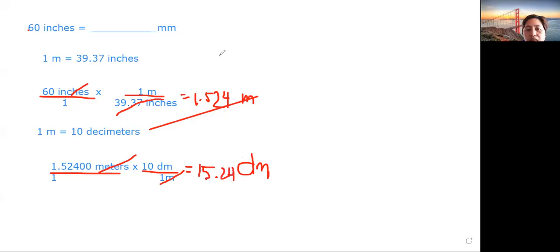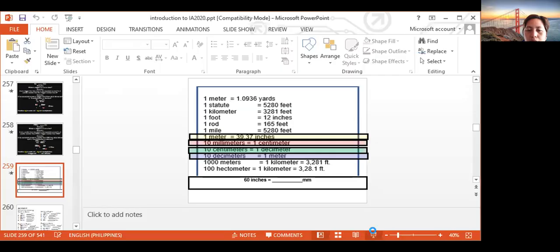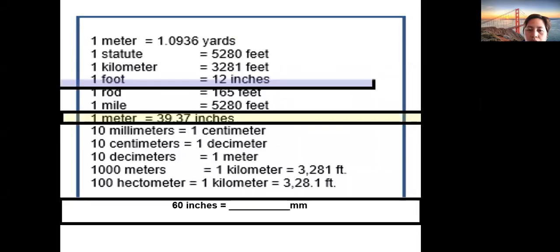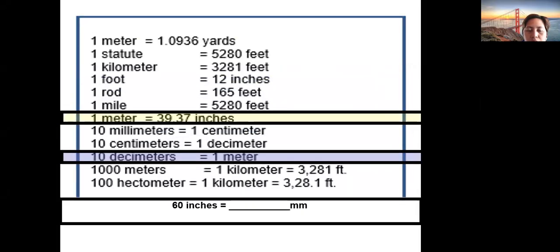So it's not yet centimeter. It's not yet in the desired unit. The next thing that we are going to do is to check the table. We're done with inches, we're done with 10 decimeter to 1 meter.